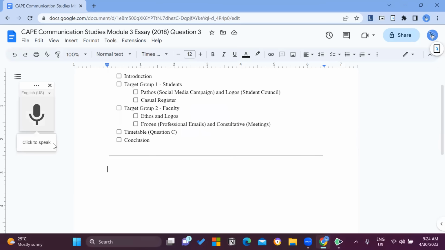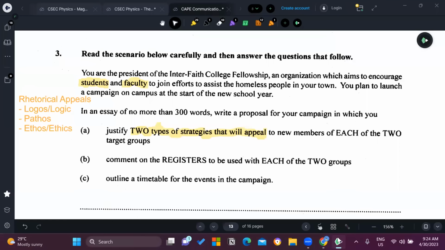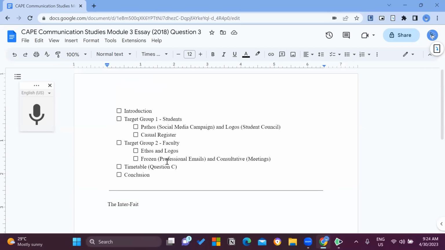So let me just get this trusty old tool out and tell you what I have. Let me just type this out. The interfaith, that's what it's called, yeah. Let's check. Yeah, college fellowship.